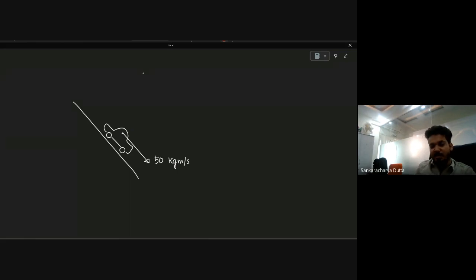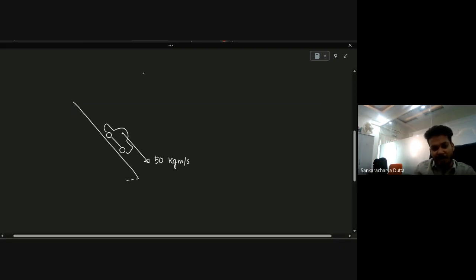I hope you understand the unit here. Kg meter per second means momentum. And let's say this angle right here, the angle that the road makes with the horizontal, is 60 degrees.